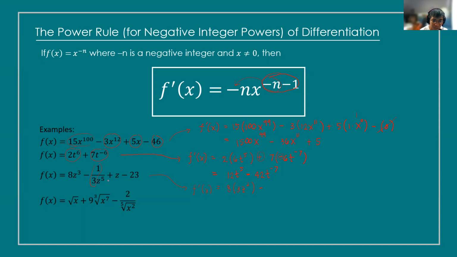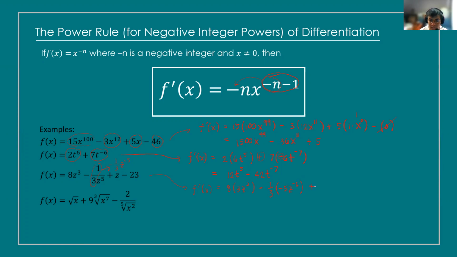Actually you can write this as negative 1/3 z to the power of negative 5. I think it's a better approach to rewrite it in this manner. So negative 1/3, minus 1/3 rather, and then the derivative of z to the power of 5 would be negative 5z to the power of negative 6.